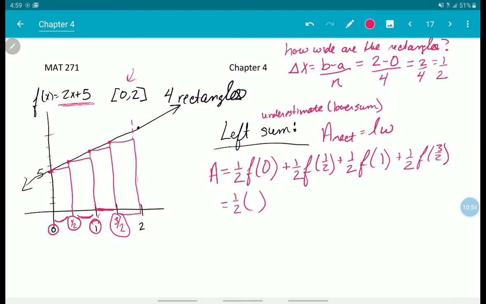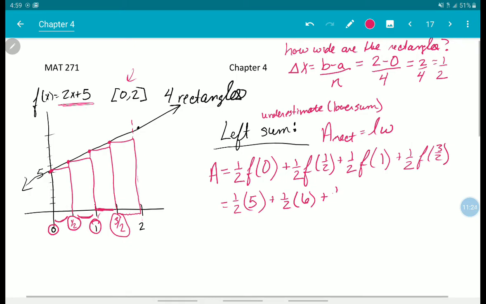So this is finding the area of the first rectangle, second, third, and fourth. If we were to substitute 0 in here, we're going to get 5. So that height of that first rectangle is at 5. We're going to do the same thing for the next one. If we were to substitute in 1/2, we're going to get 6. If we were to substitute in 1 into our equation, we're going to get 7.